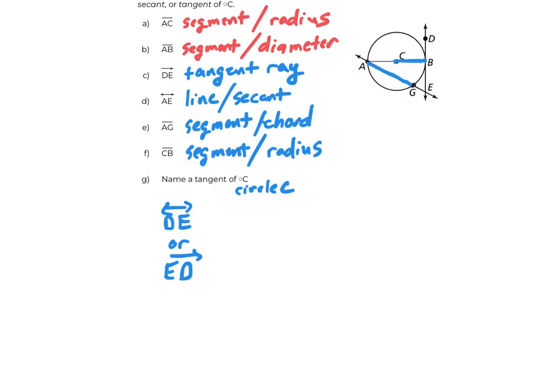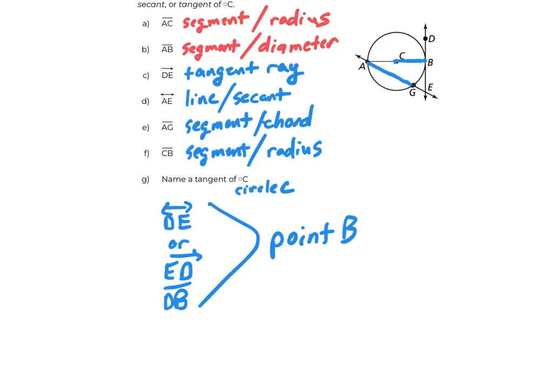Up above, we did ray DE. Now this is ray ED. I'm starting at E, going through D. I also could just do segment DB. So it could be a line, a ray, or a segment. All of those touch the circle at one point.